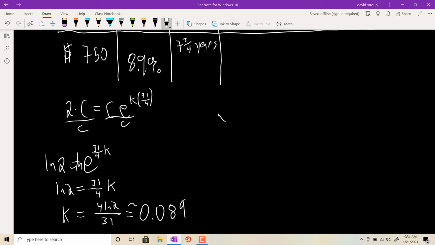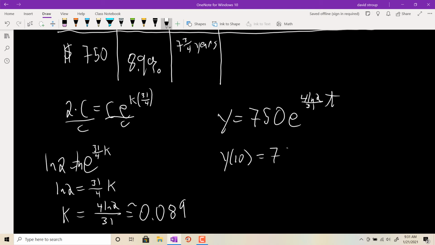So our formula at this point is 750 e to the 4 ln 2 all over 31 times t. So you could plug in 10. You'll have 750 e to the 4 ln 2 all over 31 times 10. And in the calculator, that's approximately $1,834.37 after 10 years.